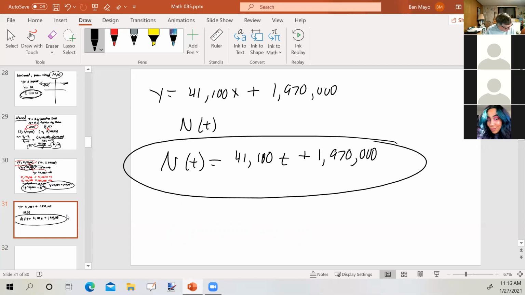Use your answer in part A to predict the number of full-time nurses that will be needed in 2025. All right, so 2025. How many years after 2000 is 2025? 25. So we want to find N of 25, where T is 25.